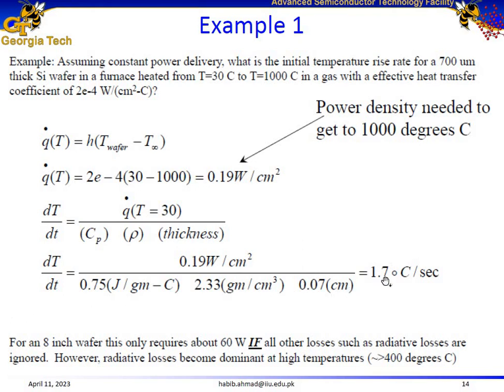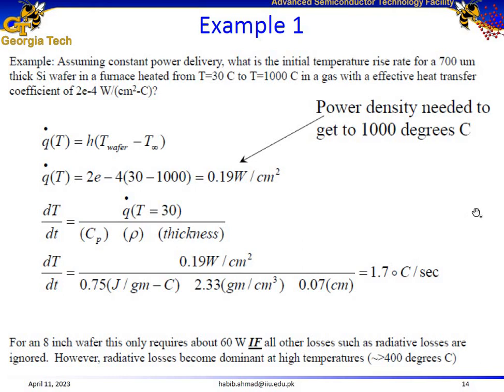So the rate of rise of temperature is 1.7 degrees C per second. With this rate, you increase the temperature from 30 degrees C to 1000 degrees C. The difference of these two temperatures is 970 degrees C. If you divide 970 by the rate of rise, you get the time taken to increase the temperature from 30 degrees C to 1000 degrees C.